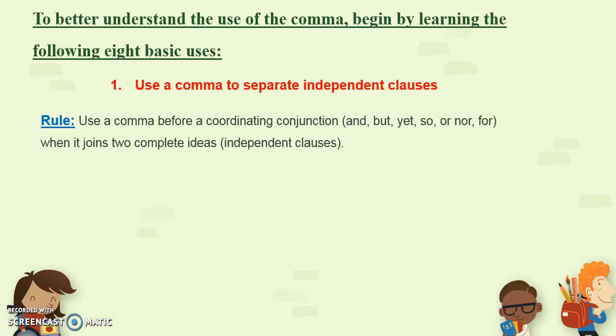Use a comma before a coordinating conjunction. And I hope you do remember the compound sentences. Remember when we use compound sentences, we said, for example, I woke up late, comma, so I went to school late. I woke up late is a total complete clause, and I went to school late is a total complete clause.